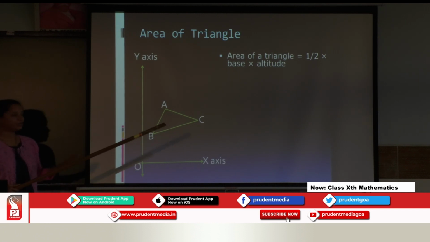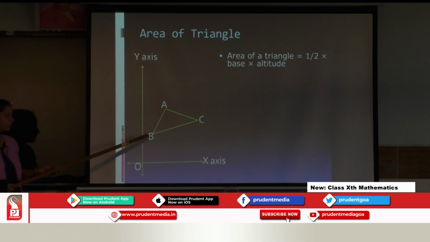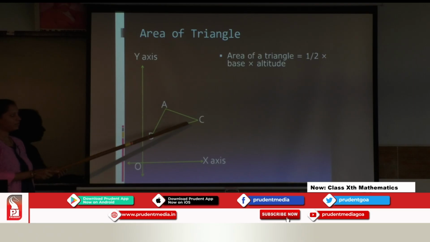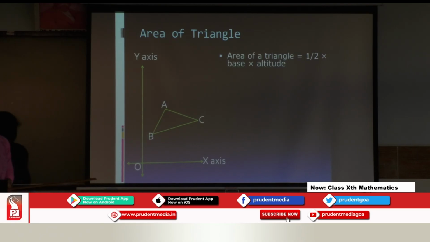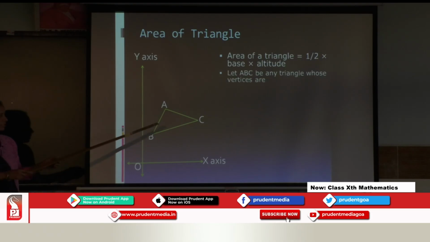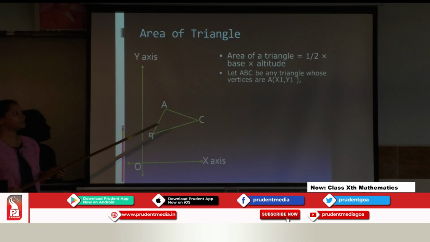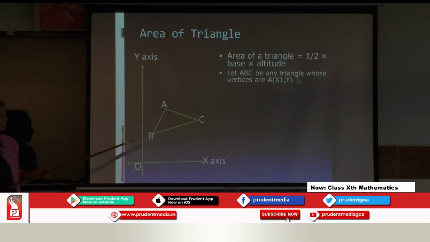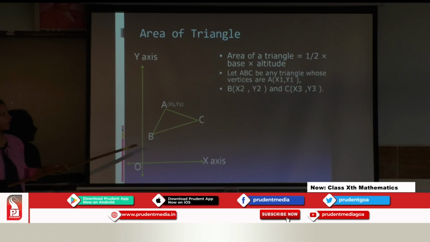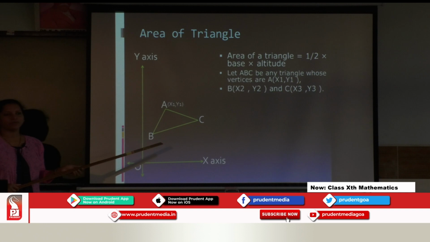If we use that Heron's formula, then first we have to find AB, BC and AC. And to find these, we must know the coordinates of A, B and C. So let ABC be any triangle whose vertices are A(x1, y1), B(x2, y2) and C(x3, y3).